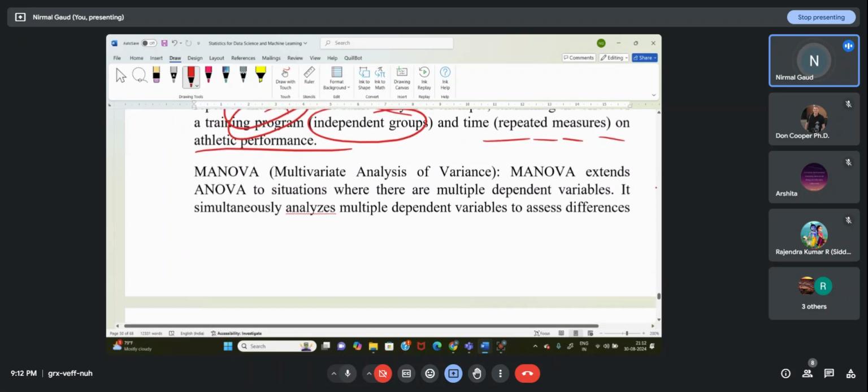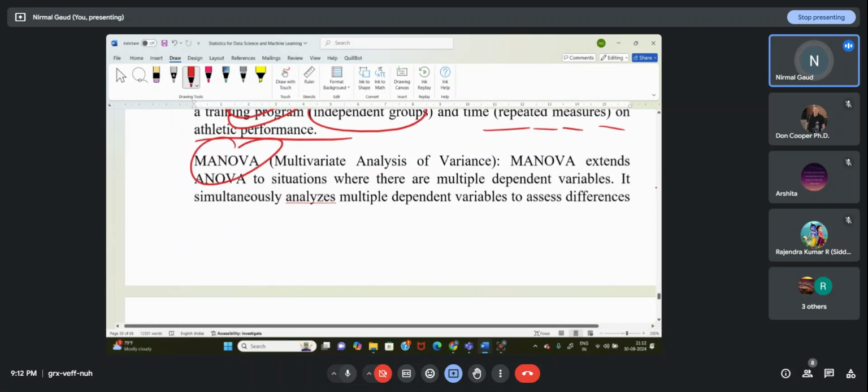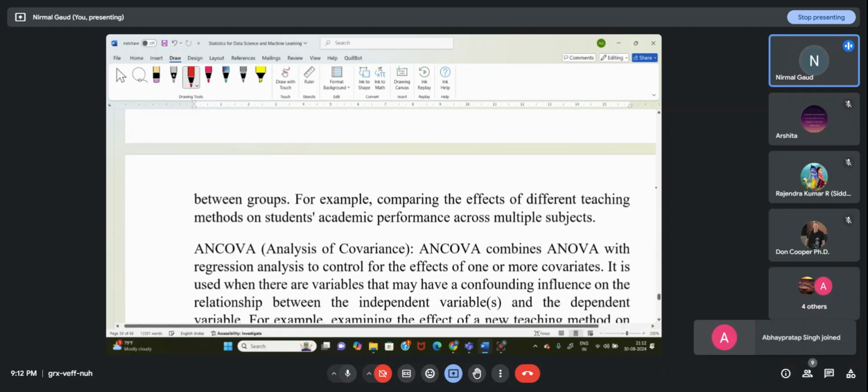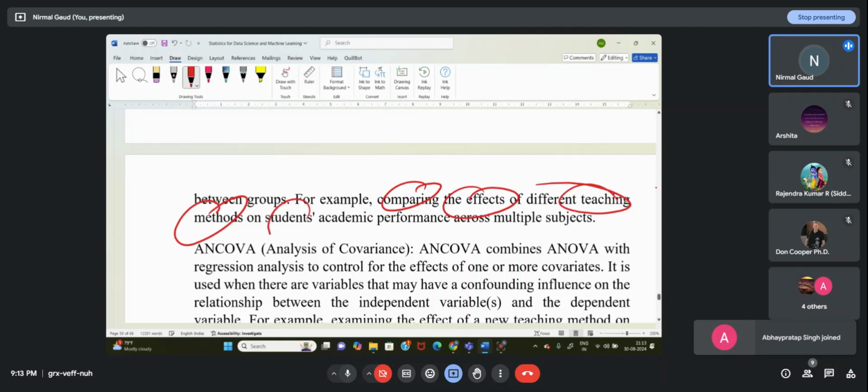I am having MANOVA also, multivariate analysis of variance. It extends the concept of ANOVA when there are multiple dependent variables. For example, comparing the effect of different teaching methods on students' academic performance across multiple subjects.